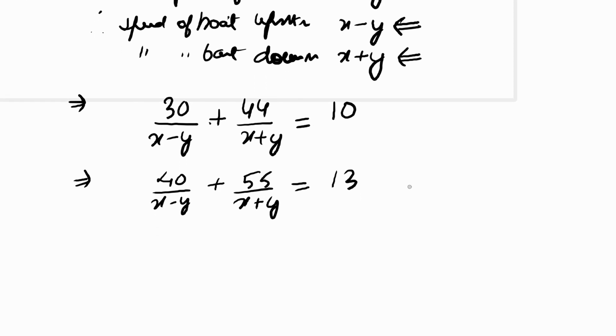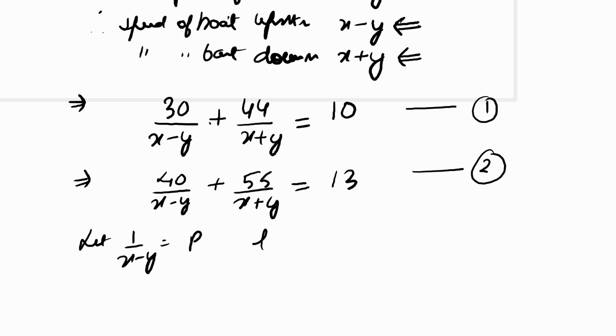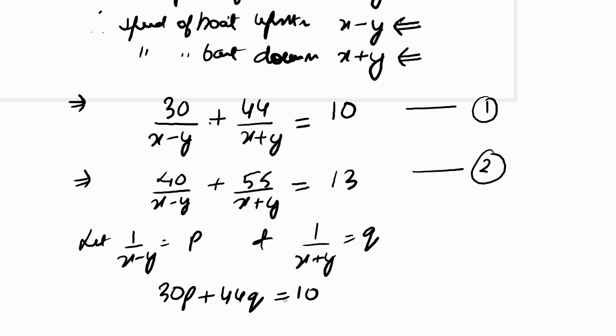Now see what we can see. These are not exactly linear equations in x and y, but if we choose suitable variables, we will say let 1 upon x minus y is equal to p and 1 upon x plus y is equal to q. So it will become 30p plus 44q is equal to 10.